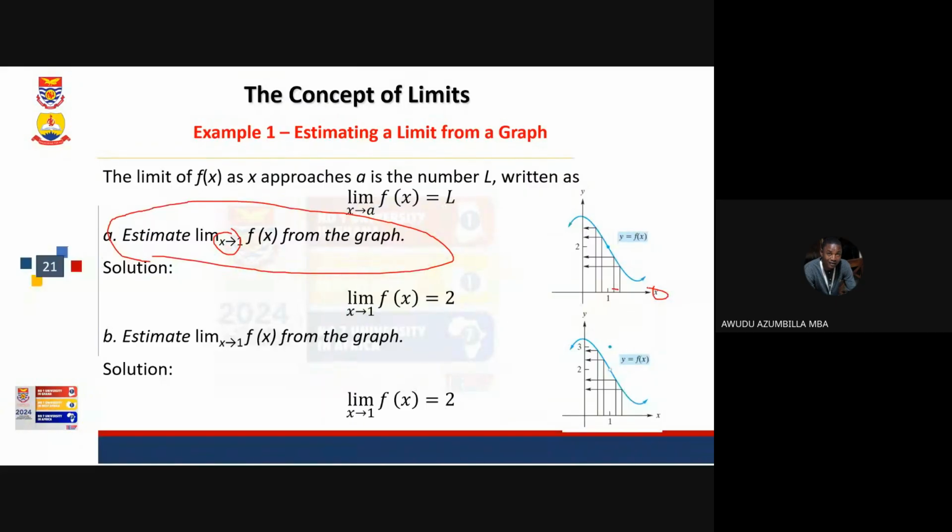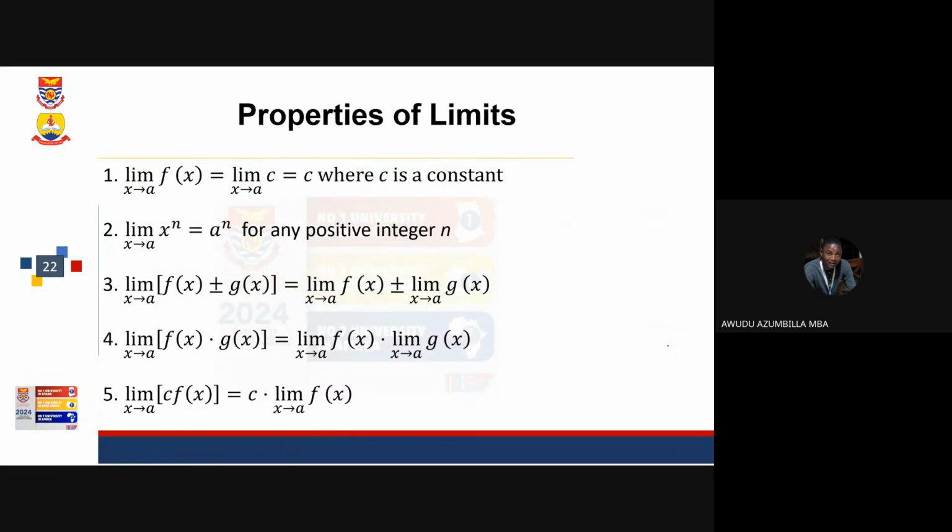This is x, this is 1. So you trace this one to the y-axis, and you are going to get the limit to be equal to 2. So you just use this to find the limit. The same thing here. You just come here, trace this one across, and you trace it to 2.